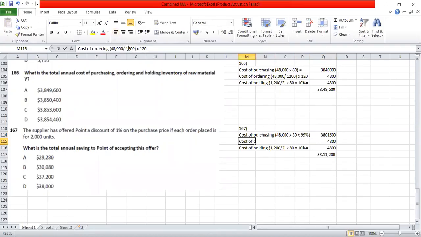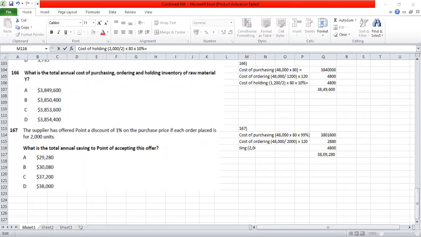Now this time the orders are not 1,200, the orders will be 2,000. Then cost of holding the inventory: instead of 1,200, now it would be 2,000 into 80.